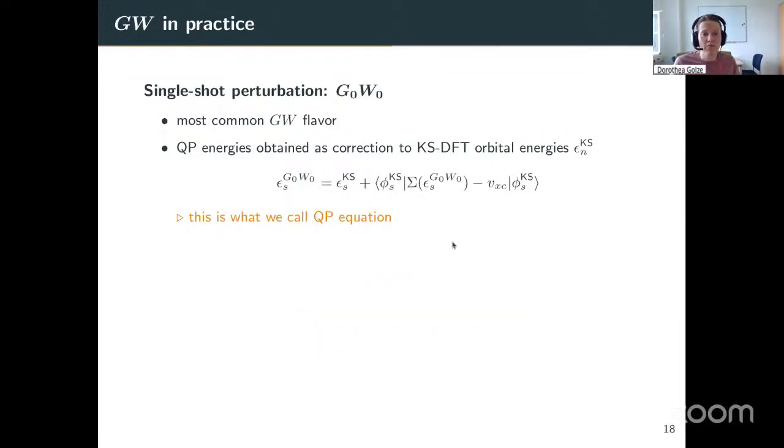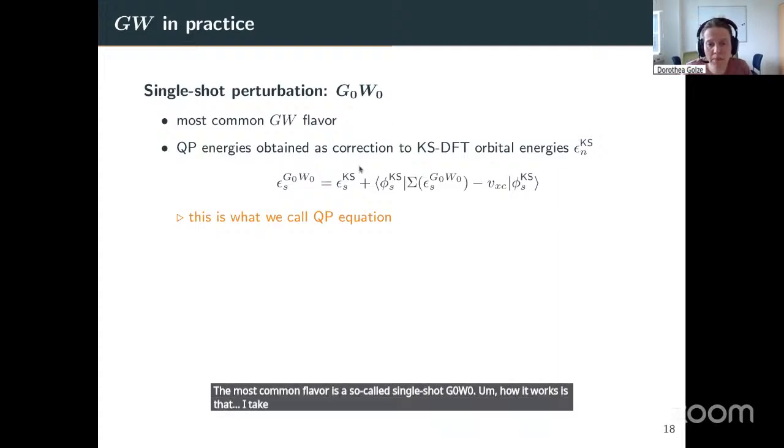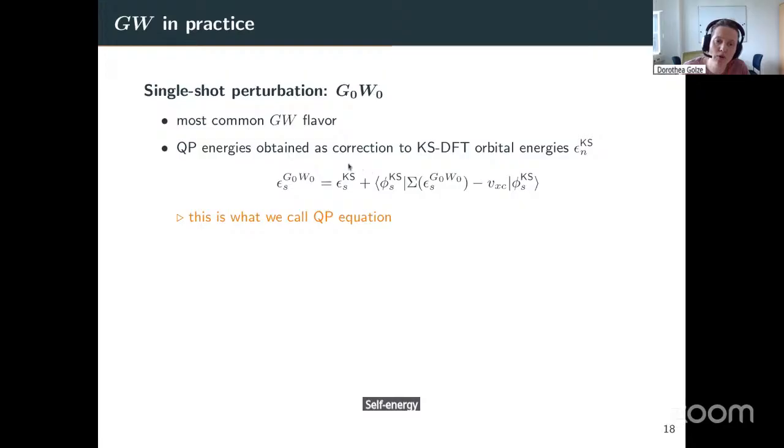The most common flavor is the so-called single-shot G0W0. How it works is that I take my Kohn-Sham energies for state s, and then add a correction term, which contains this self-energy. This is what we call the quasi-particle equation.